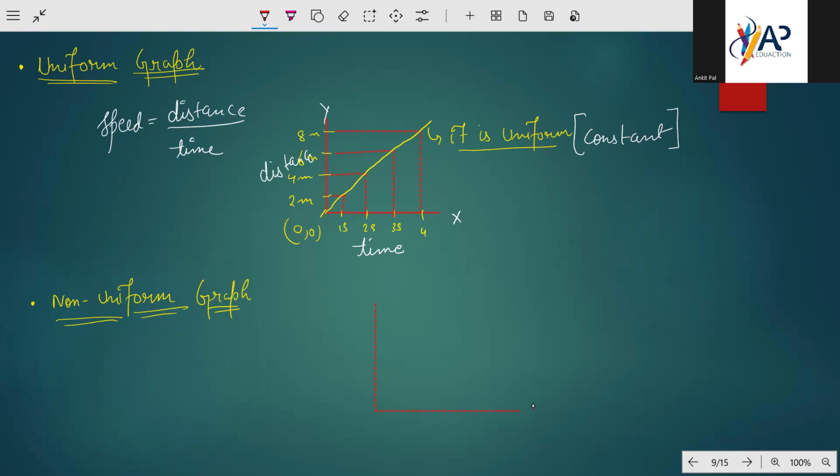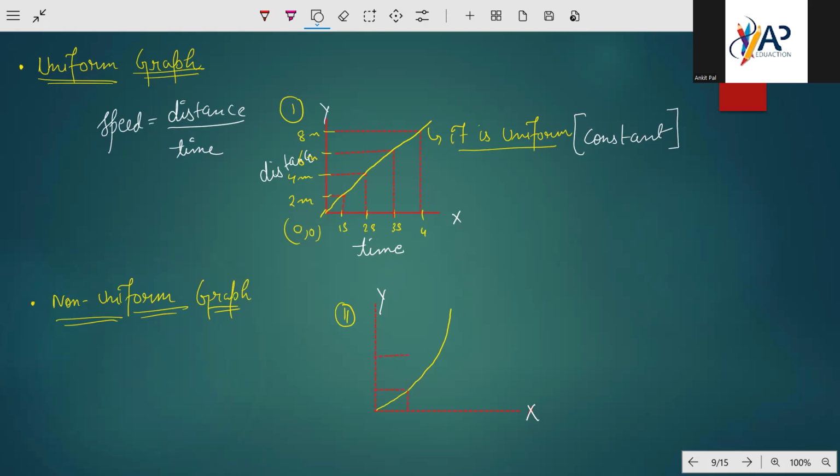This is the x-axis and y-axis. If we draw this, it is a non-uniform graph, right? Because every second the distance continuously changes.